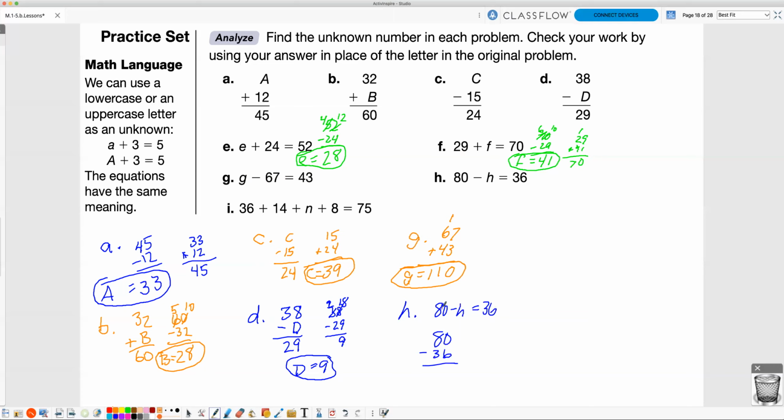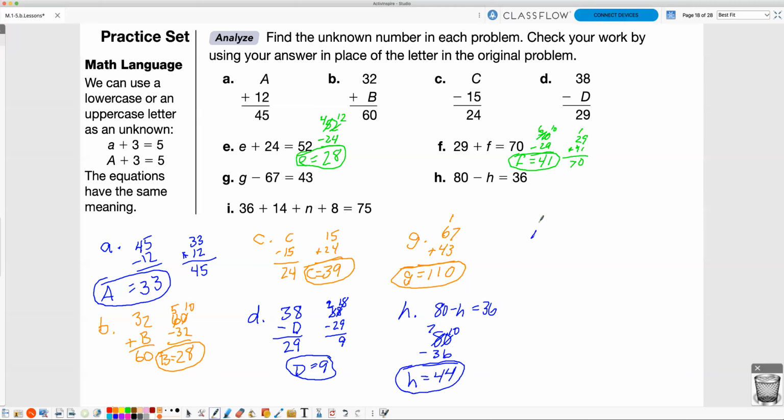I have the minuend minus the subtrahend equals the difference, and I'm missing the subtrahend, so I need to take the minuend minus the difference. In this case, I'm going to borrow, so that becomes a 7, that becomes 10. 10 minus 6 is 4. 7 minus 3 is 4. So the value of H is 44.